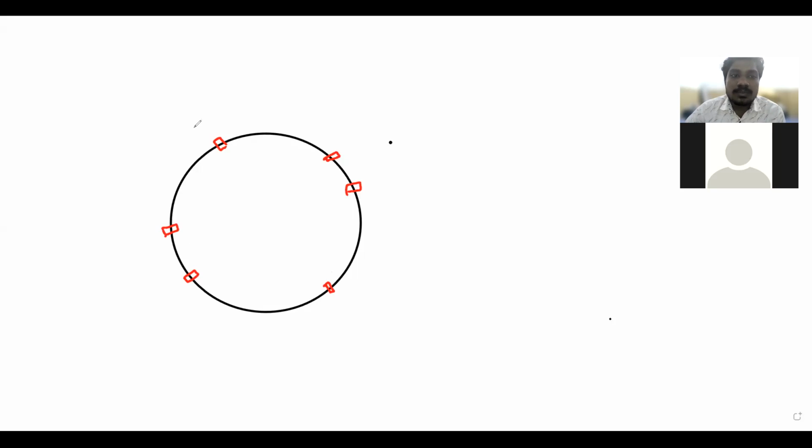They are allowing the transportation of solvent molecules or solute molecules, based on the requirement of the cell. This is very important. Based on the requirement of a cell, it can allow the entry of a water molecule or a glucose molecule or any other type of molecule.